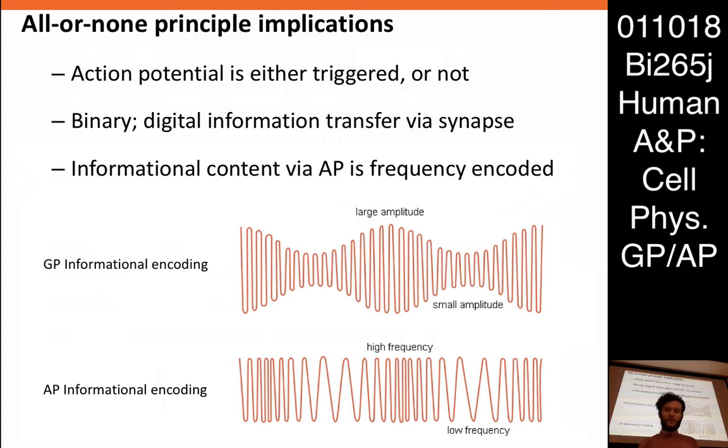And the informational content in the action potential is frequency encoded. So let's compare these. These would be signals for an FM. Let's think about it as radio for a moment. I know most of you probably don't listen to the AM radio, but there is in most cars still an AM radio band.